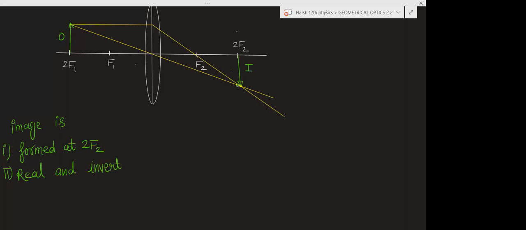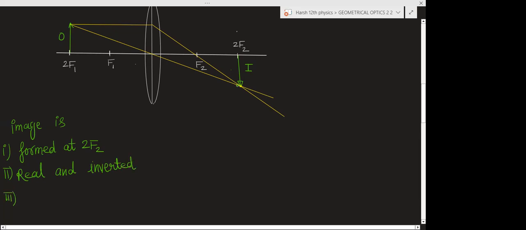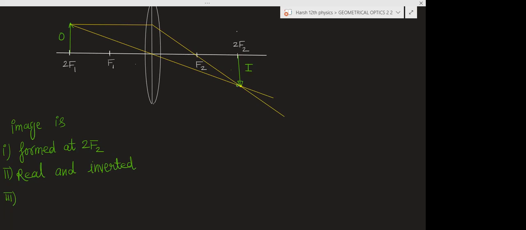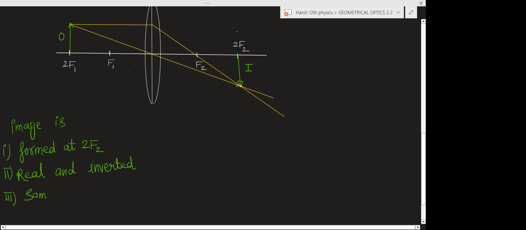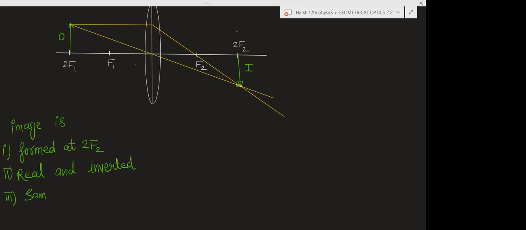Do you know there is one lens in our eye? Which type of lens is this, concave or convex? Convex. Very good. So what type of image is formed on the retina? Do you know what the retina is? Suppose you are watching the text on this screen.